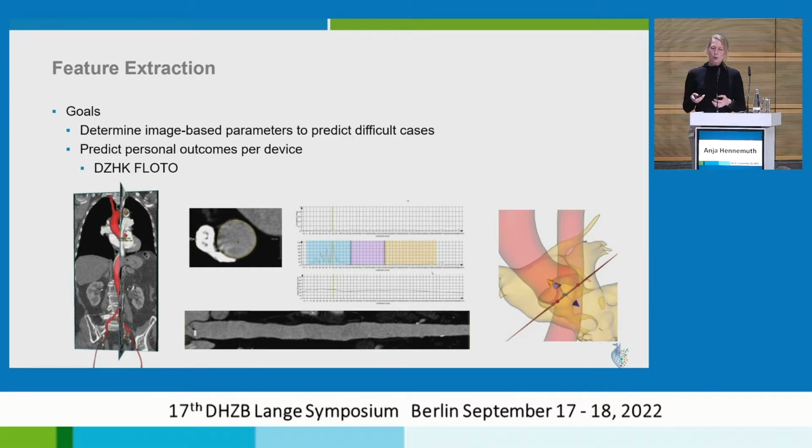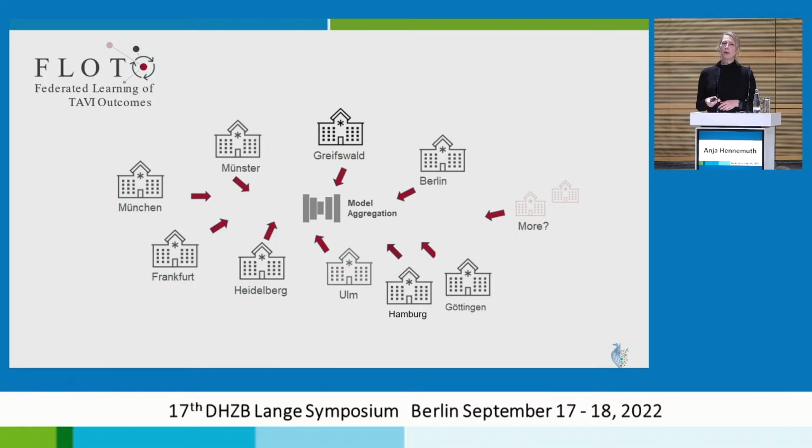And now we come to the next way of collaboration. So we work on that topic in the FLOTO project. The FLOTO project is funded by the German Center of Cardiovascular Research, and it supports building up an infrastructure which enables to integrate different clinical sites for joint machine learning tasks.